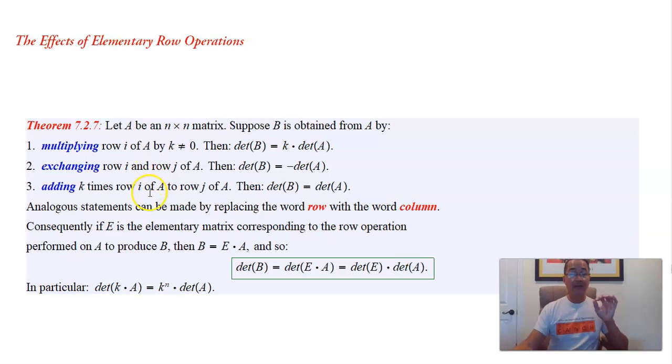The determinants for these types of operations were respectively k, -1, +1.